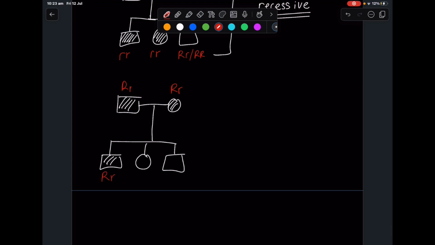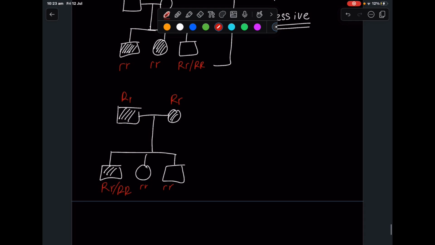So this could be either capital R or capital R, and this could be little r, little r. So this means that the trait or the disease is dominant in this case.